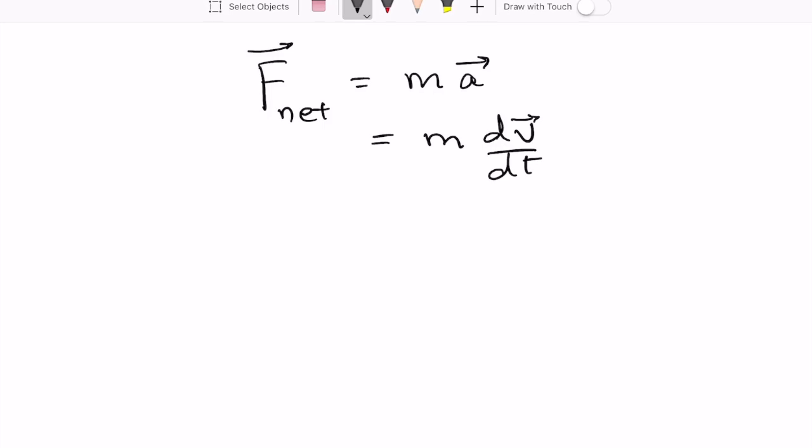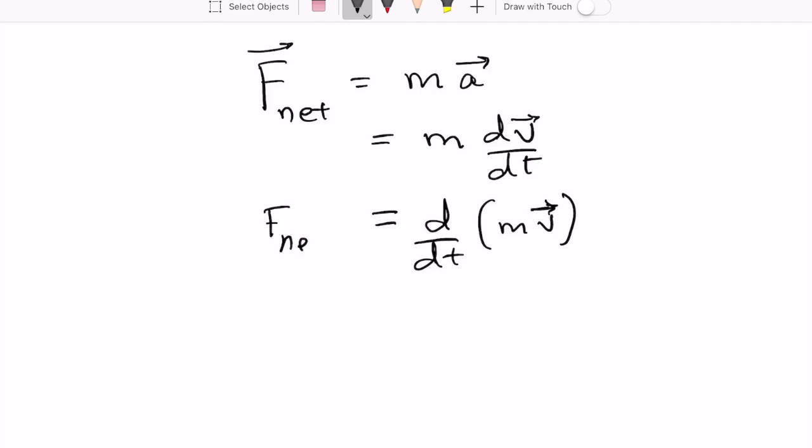Now, if the mass is constant, there is no harm in moving it into the derivative. The rules of derivatives say that if you have a constant quantity multiplying your function, then you can feel free to pull that constant out of the derivative. So here we are putting it back inside the derivative. So this is what we have.